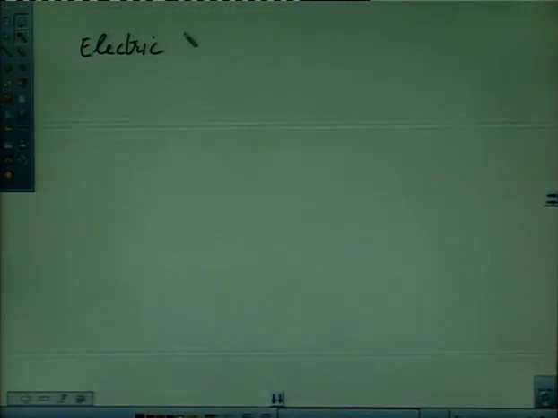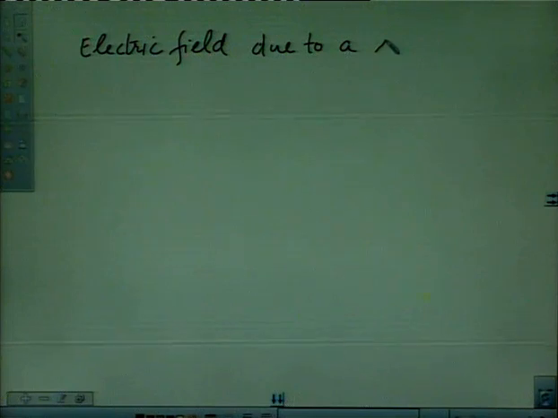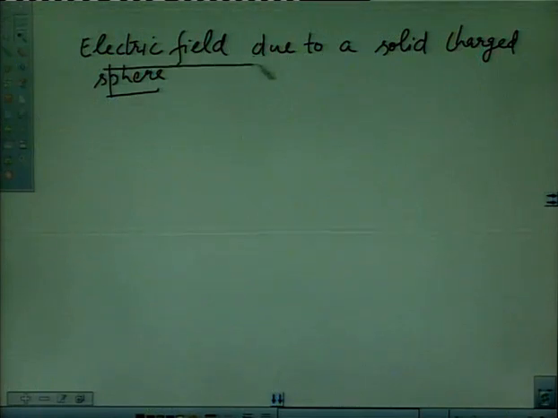Now next we come to the electric field due to a solid charged sphere. The expression for the solid sphere will be the same.